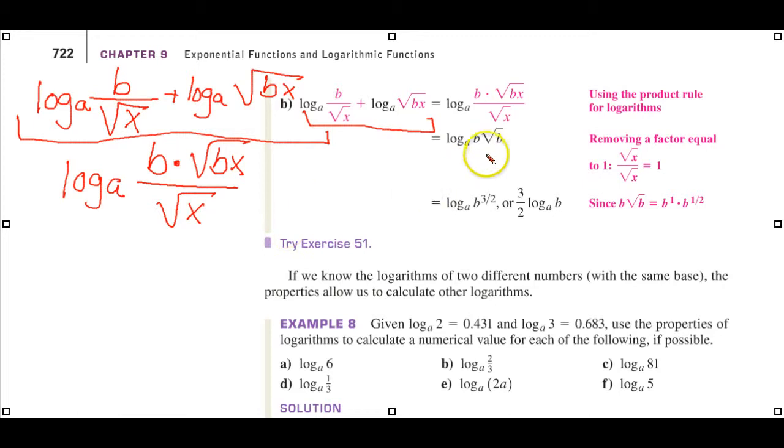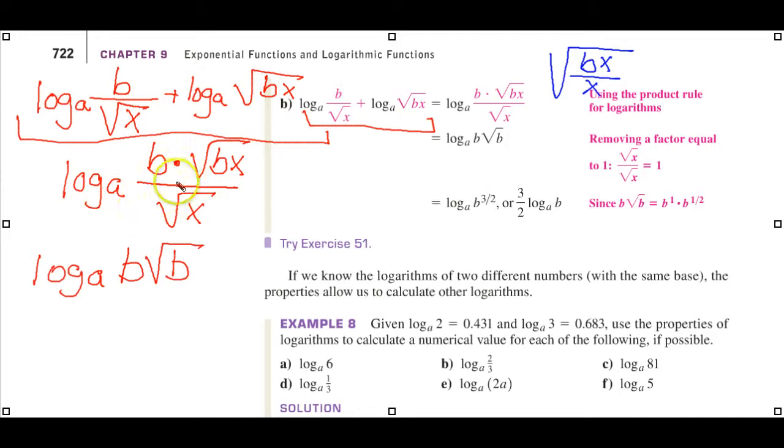So our next step then is, now if we take just this part here, and put it under a common radical, we have this. Notice what happens. Our x's will cancel out here. We're just left with that under the radical.